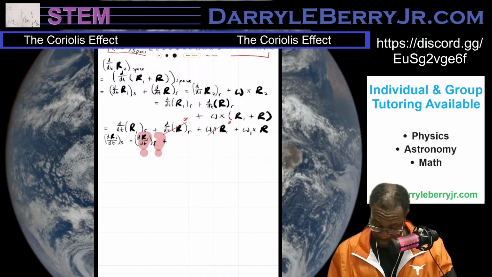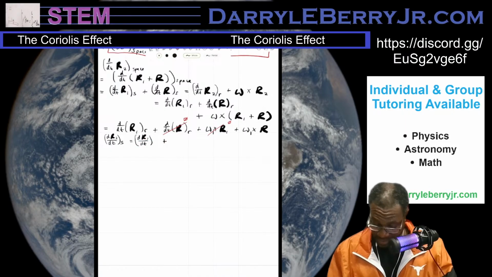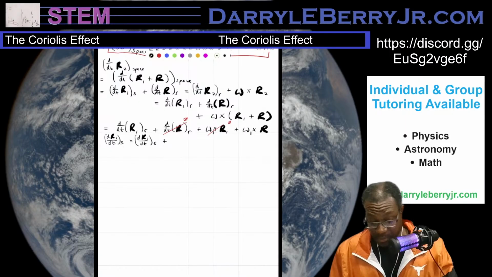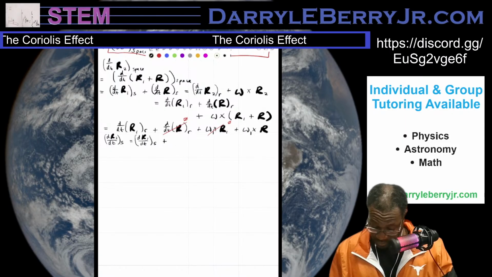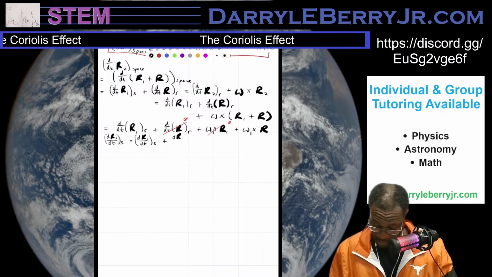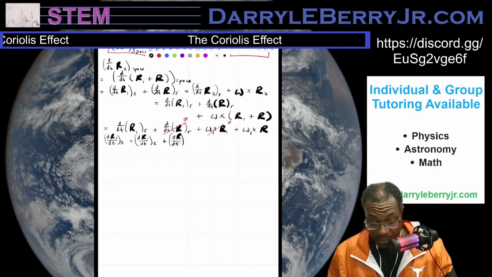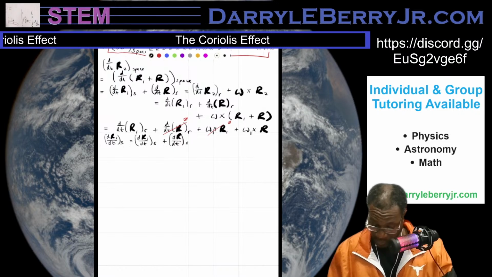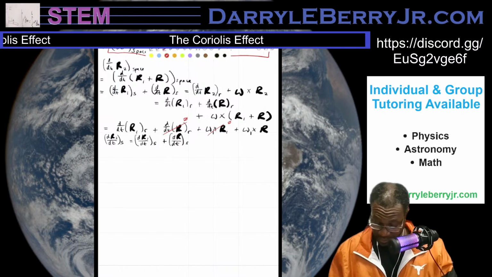This was still the left side. I was thinking I was switching to the right side already. Plus the dR/dt in space.